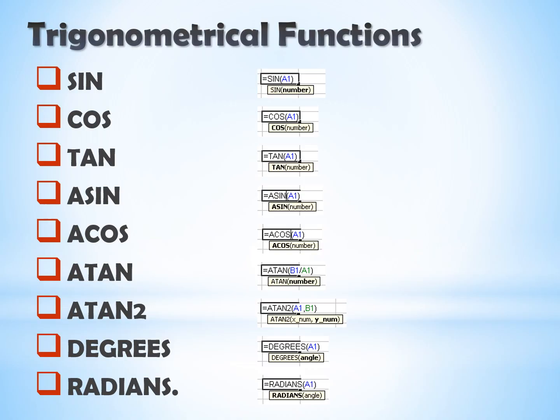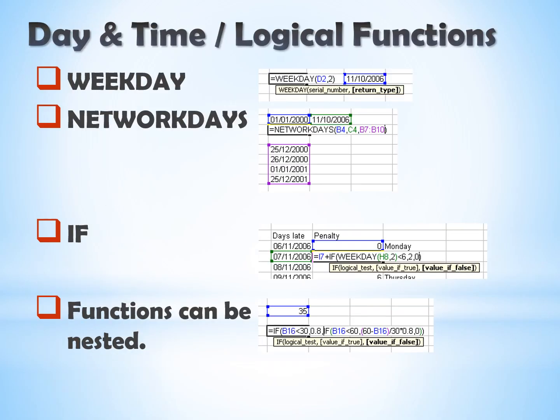Here you can see some trig functions. On this slide you can see two date and time functions and a logical function. Note that functions can be nested, which allows building complex expressions.